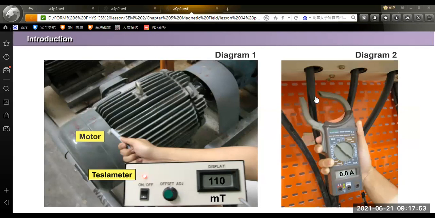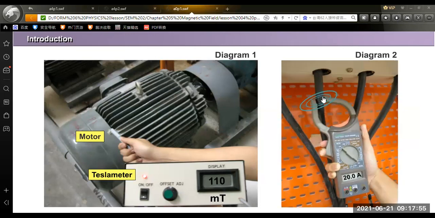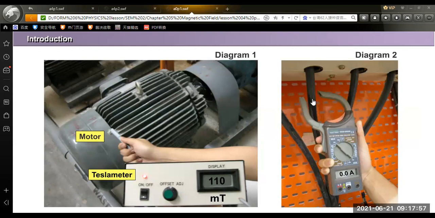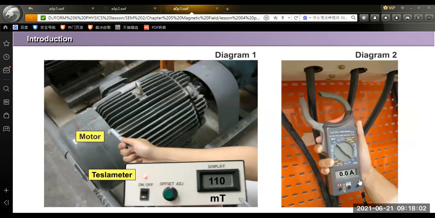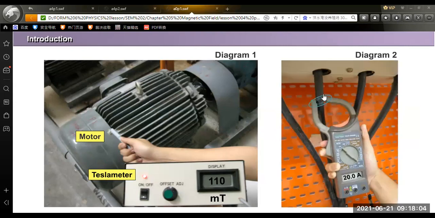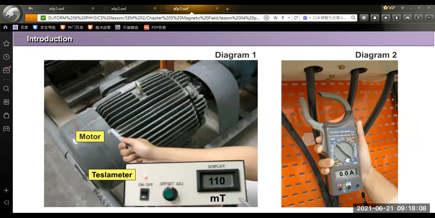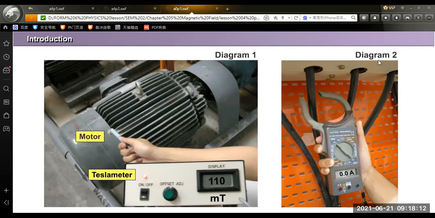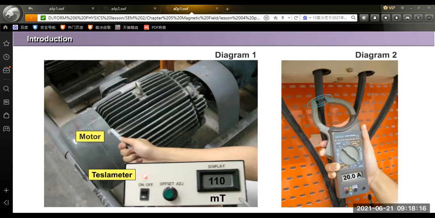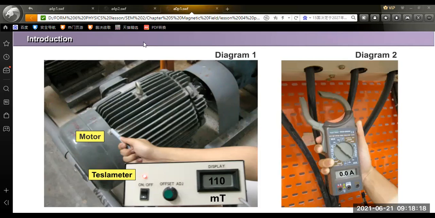When we let the probe touch the wire, it then shows the reading. That means we make sure of the Hall voltage. The 20 ampere shows the Hall voltage, so we use it to make sure of the live wire.